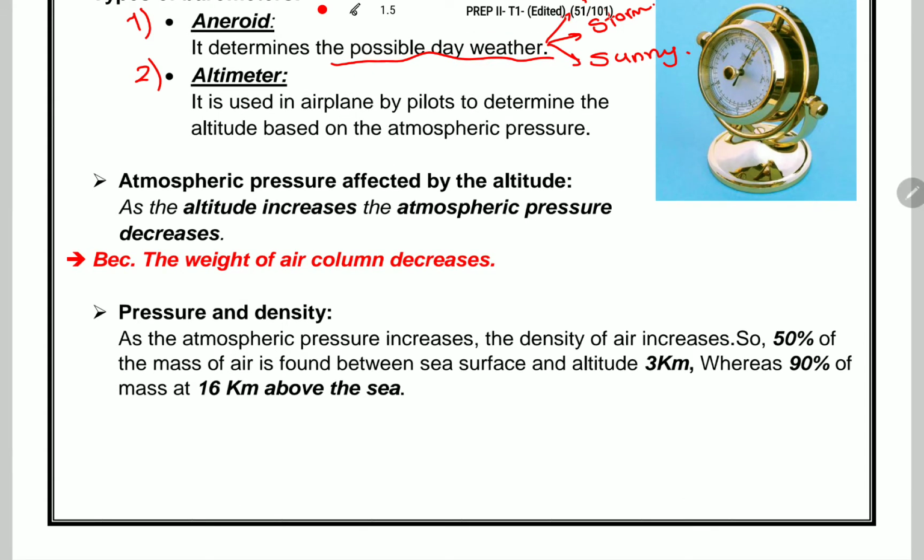The atmospheric pressure is affected by altitude. As the altitude increases, the atmospheric pressure decreases.